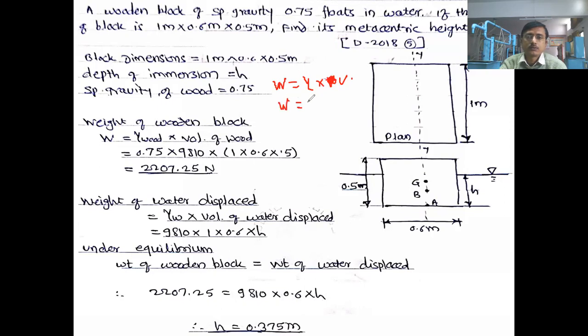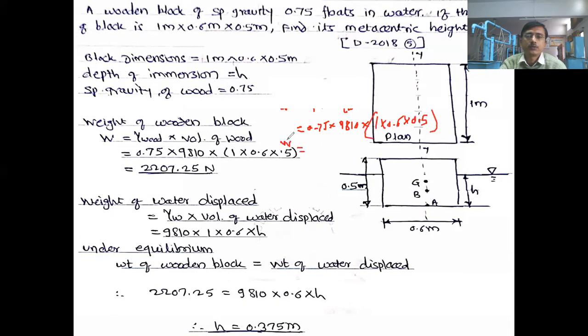Weight of the block is equal to specific gravity into gamma w into volume. How much is it? 0.75 into 9810 into volume of the block. It is a cube, 1 by 0.6 by 0.5. Right?